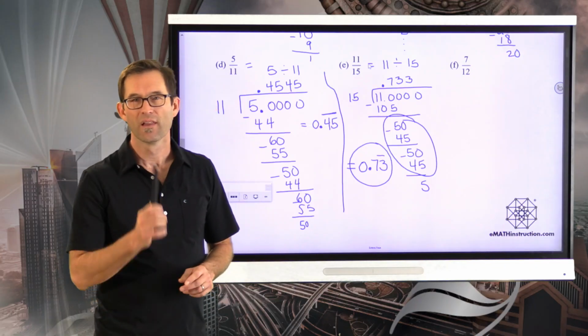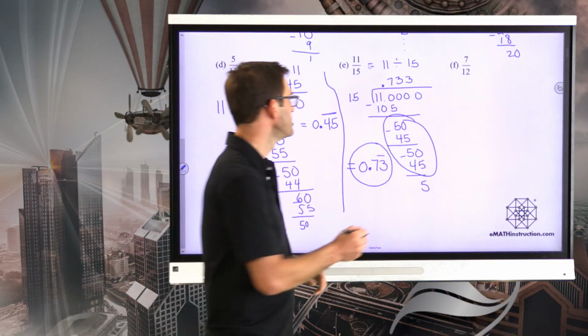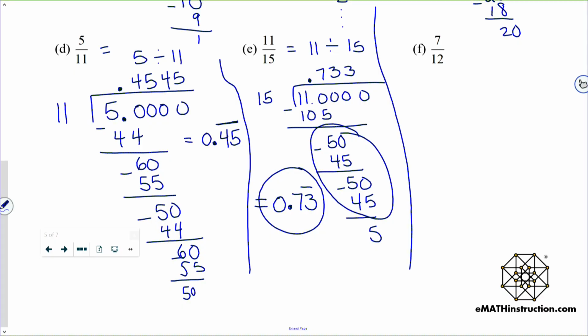All right, let's now do 7/12ths. That's going to be 7 divided by 12. All right, here we go. Get me some zeros. Probably won't need them all. How many times does 12 go into 70? Well, let's try that 5 times, right?